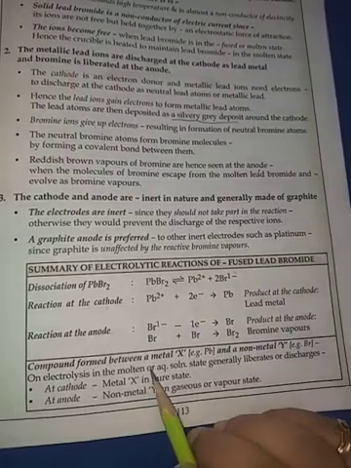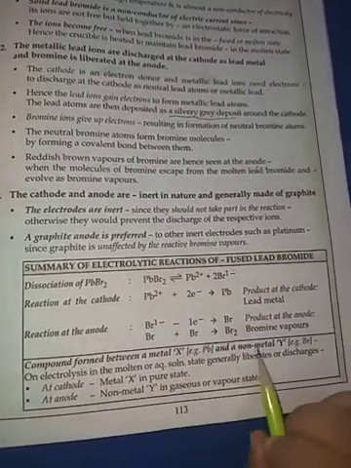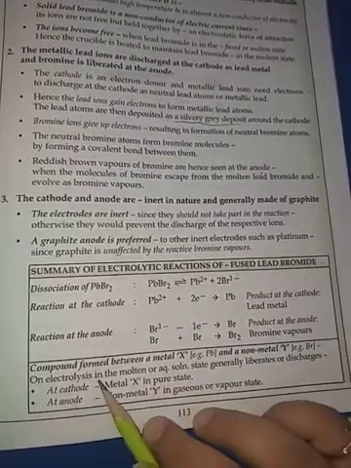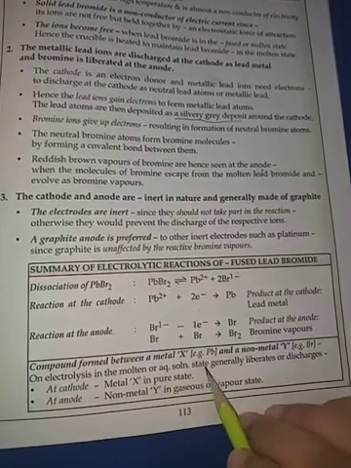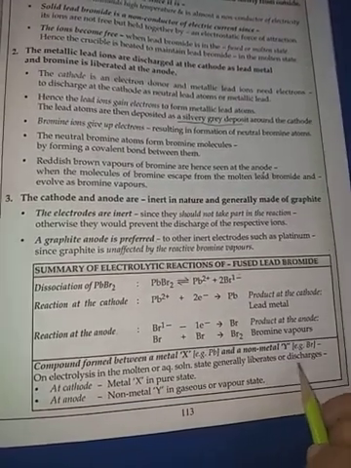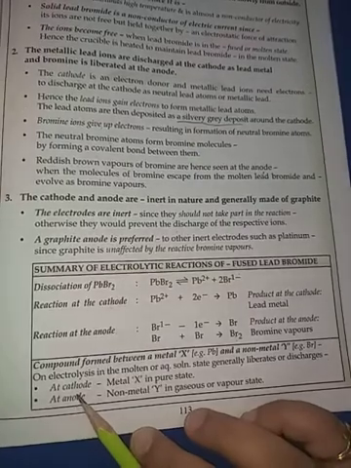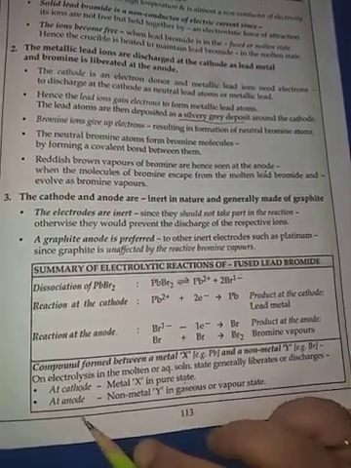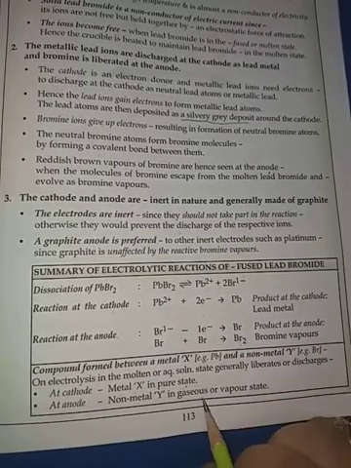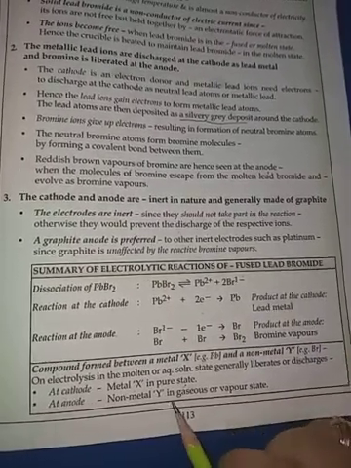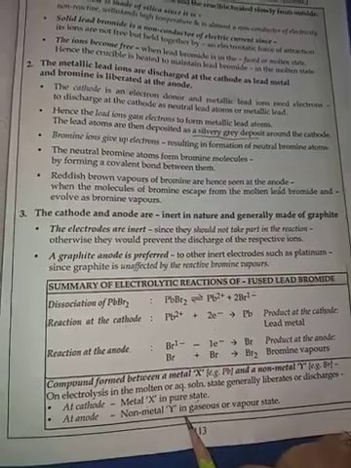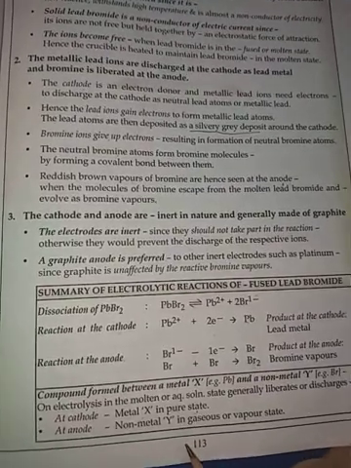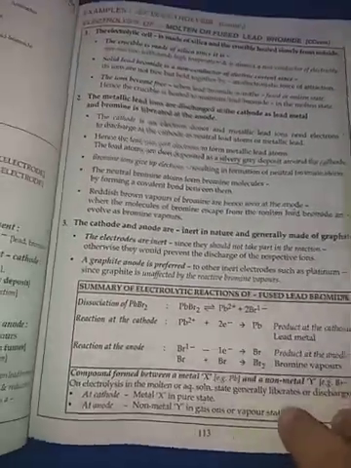Now, a compound formed between a metal X and a non-metal Y, bromine, on electrolysis in the molten or aqueous state generally liberates or discharges at the cathode the pure metal, which is collected, and at the anode a gaseous or vapor state, so we get a gas there. So this was about the electrolysis of molten lead bromide.